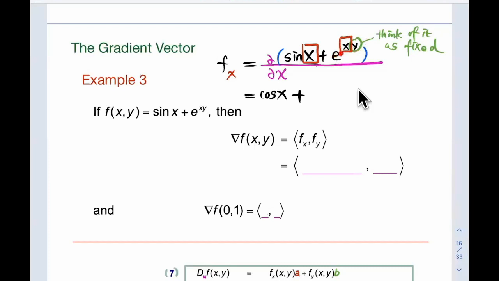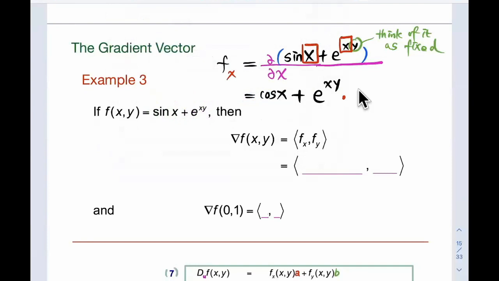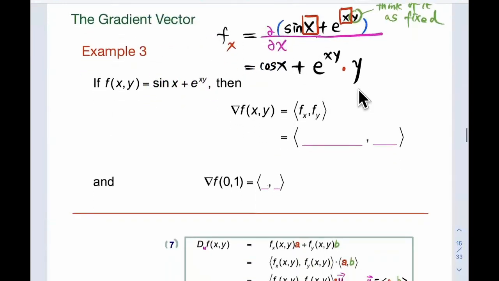The outer function is e to the u, where u is a single variable, so that will be e to the xy itself. And then with the chain rule, we multiply by the derivative of the inner function, x times y. The derivative of this with respect to x is just y, so times y. Melanie, you got this right? Good job. So that's how we got this partial derivative with respect to x.